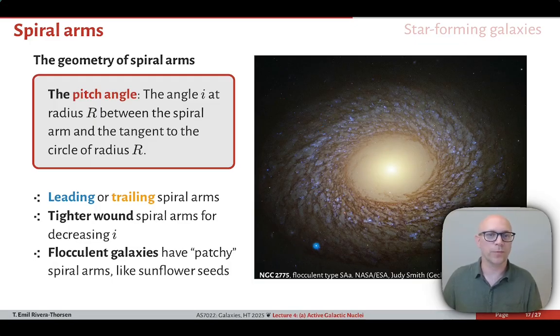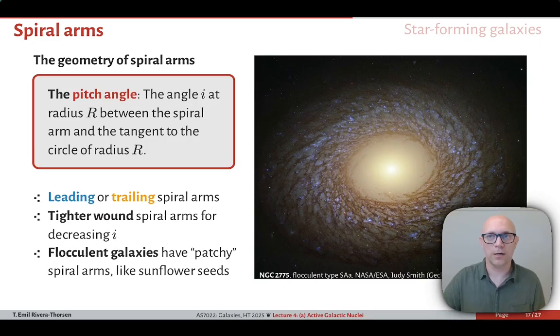These are what we would call flocculent galaxies, which have patchy spiral arm patterns rather than large coherent spiral arms. This is one example of such a flocculent galaxy. It's an SA type, you can see, and you can also see this has a very large and very prominent bulge in the center.